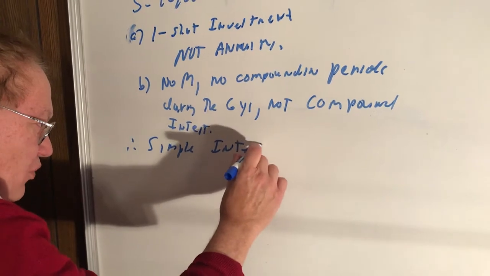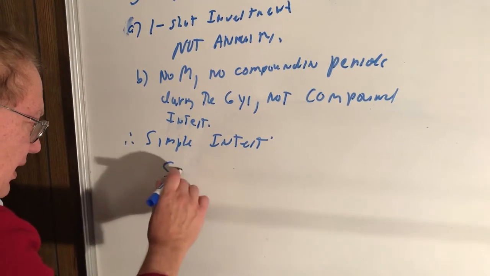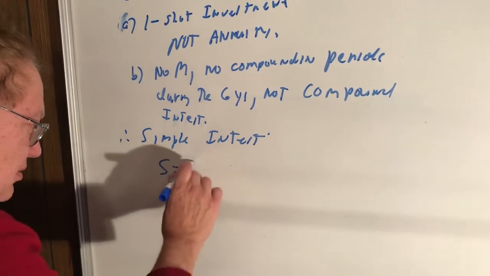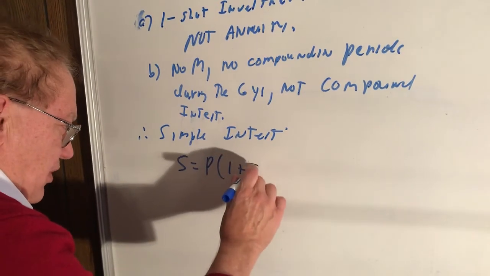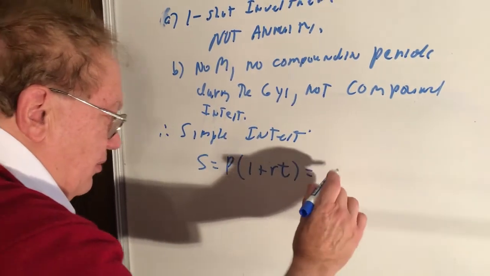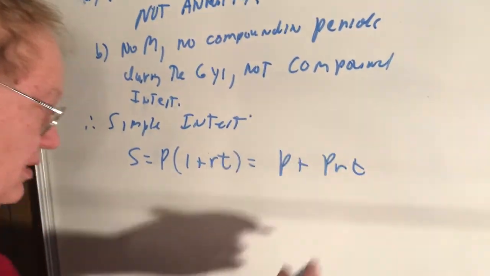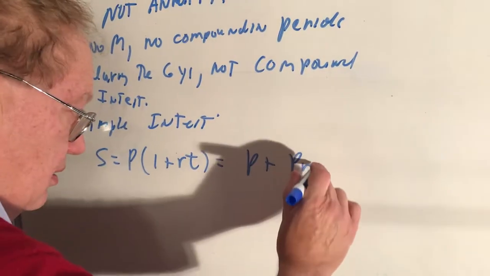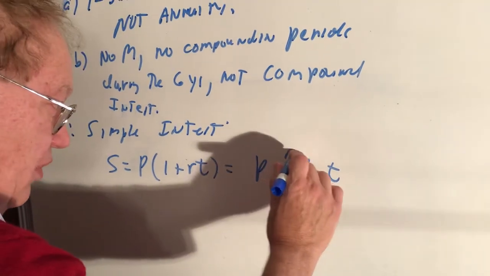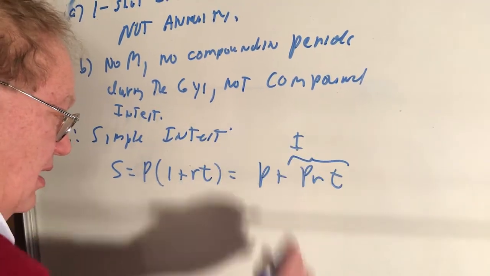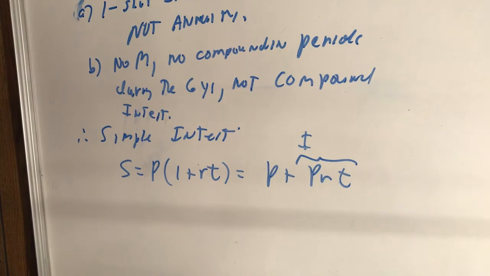So let's look at our formula. S equals P(1 plus RT). We could also write it P plus PRT. This part is also called I, which is my interest income.